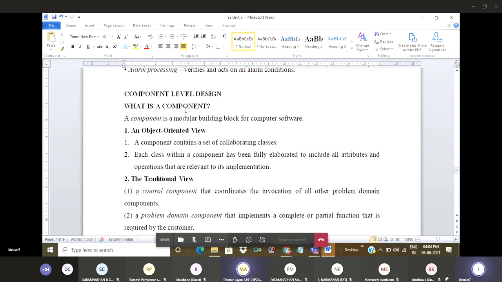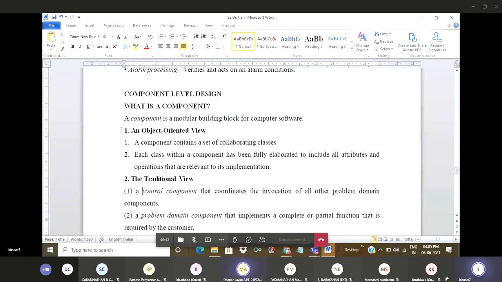Because this is a theoretical subject. If there is an example, I'll give you an example. If there is no example, I have to explain the concept clearly. So I have to explain what a component is. A component is a modular building block for computer software.